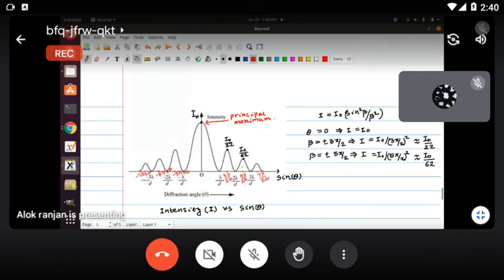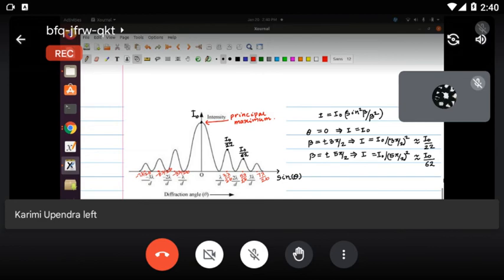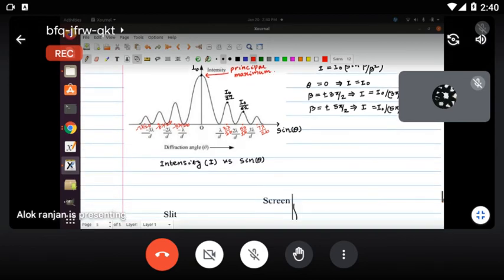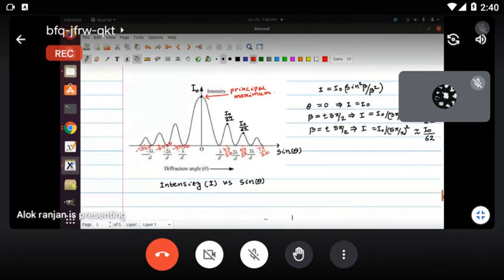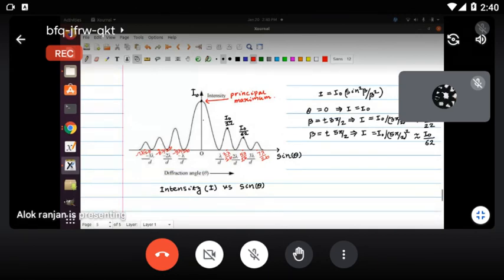And 3 lambda over 2 beta, these are the positions of the minima, which again we get from the condition sine theta equal to plus minus n lambda over a. So this is the distribution of the intensity of the superposed wave around the center of the screen.